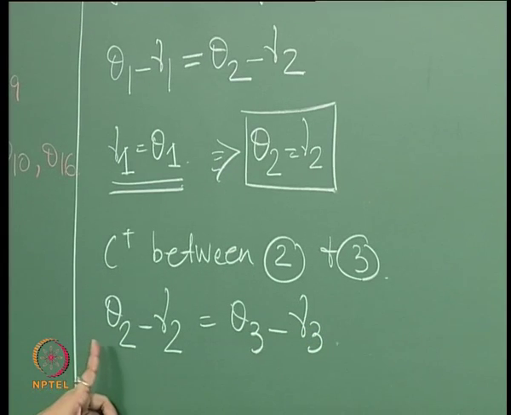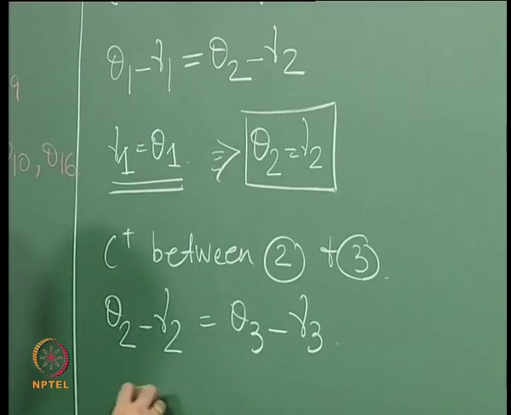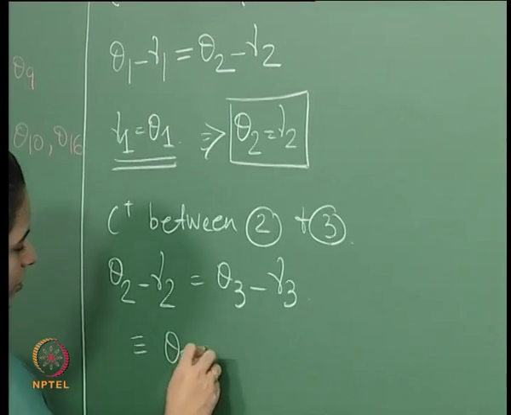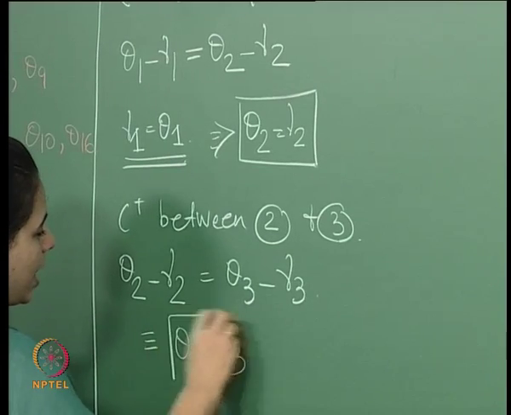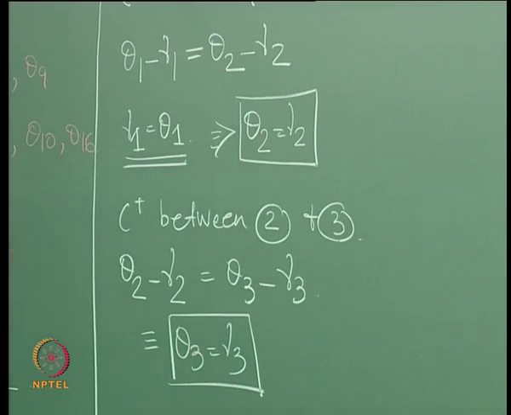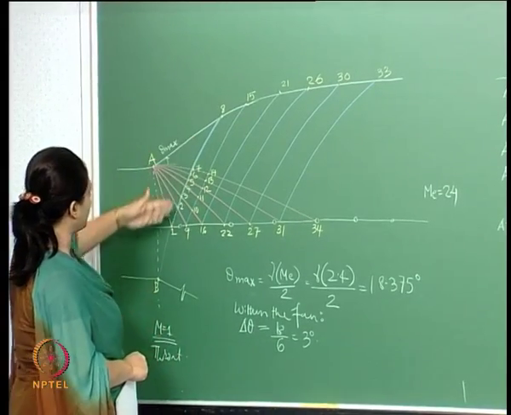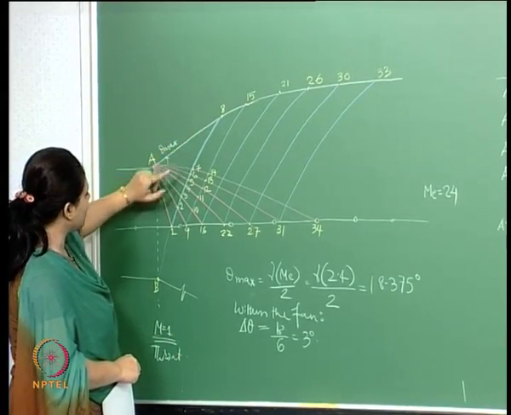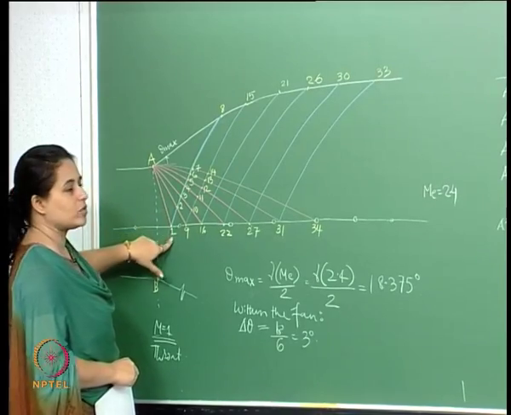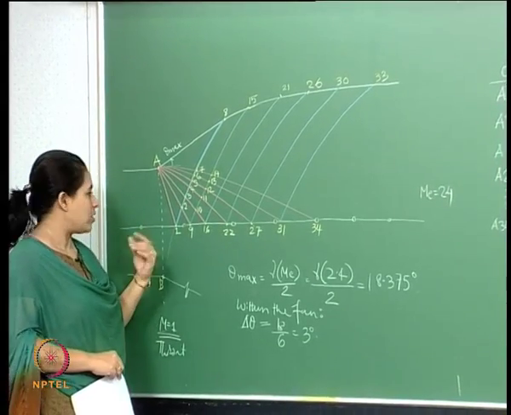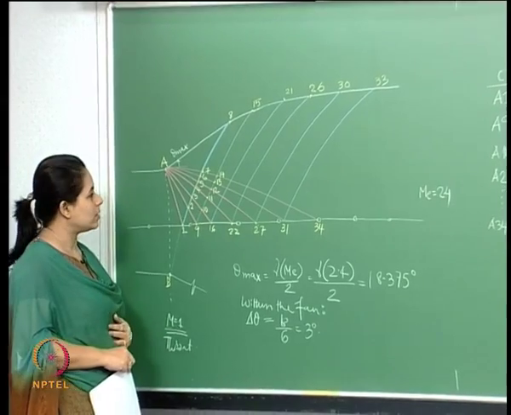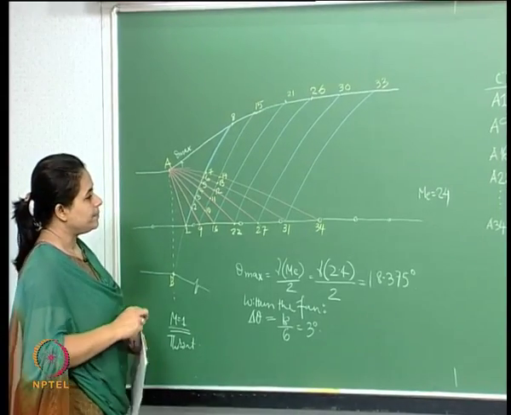We have just found that theta 2 is equal to mu 2, so theta 3 is equal to mu 3, and so on and so forth. So on this particular characteristic line, 1 to 8, at each point theta is equal to the corresponding Prandtl-Meyer function.